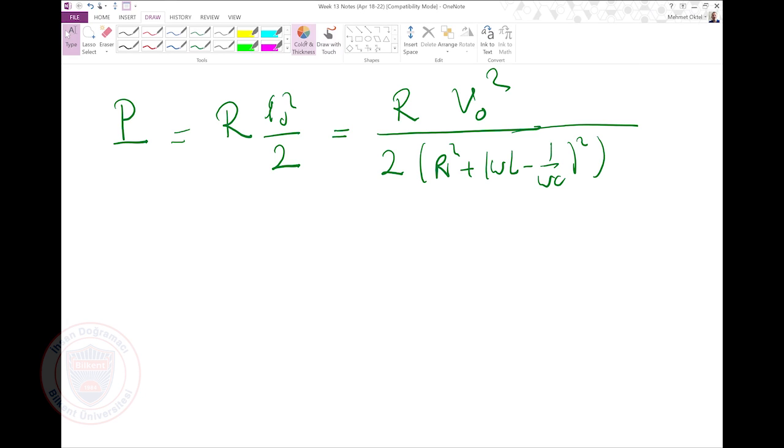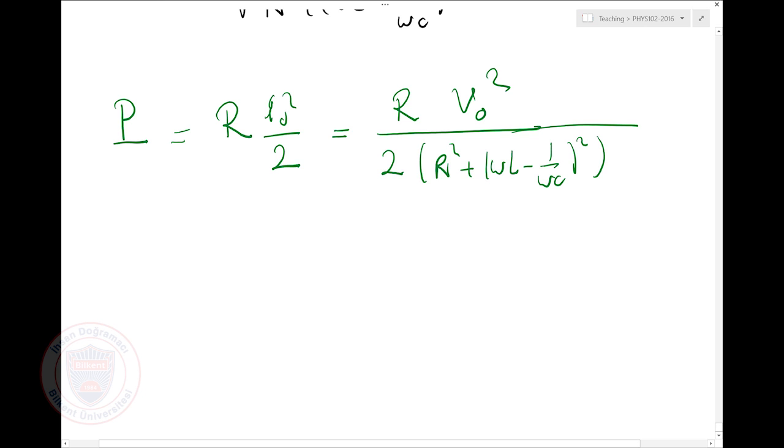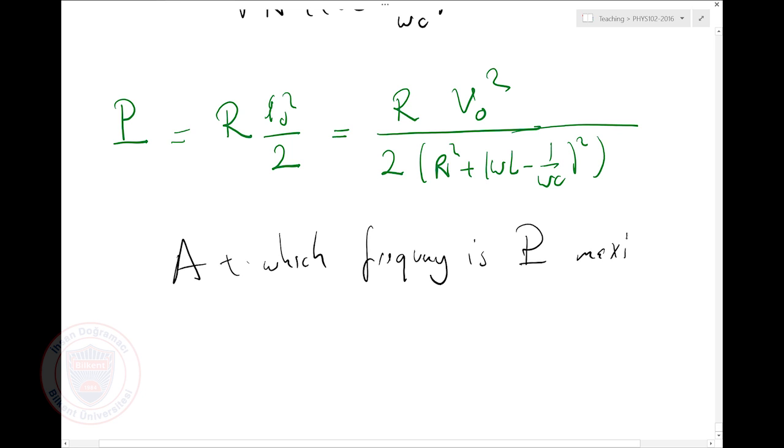At which frequency is the dissipated power maximum? Look at this formula. I have R squared, V0 squared, I cannot change these. 2 R squared, I cannot change.